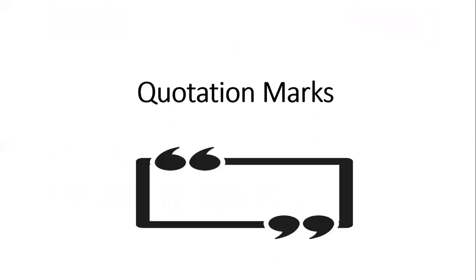Quotation marks. What are quotation marks? How do they look? This is like the comma, but it comes in pairs, two commas, inverted commas. The first two look like 66, and the last two look like 99.